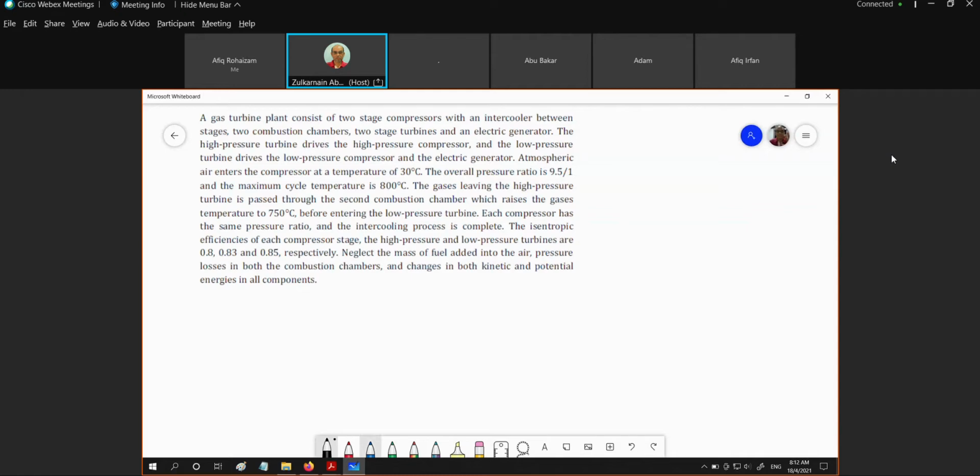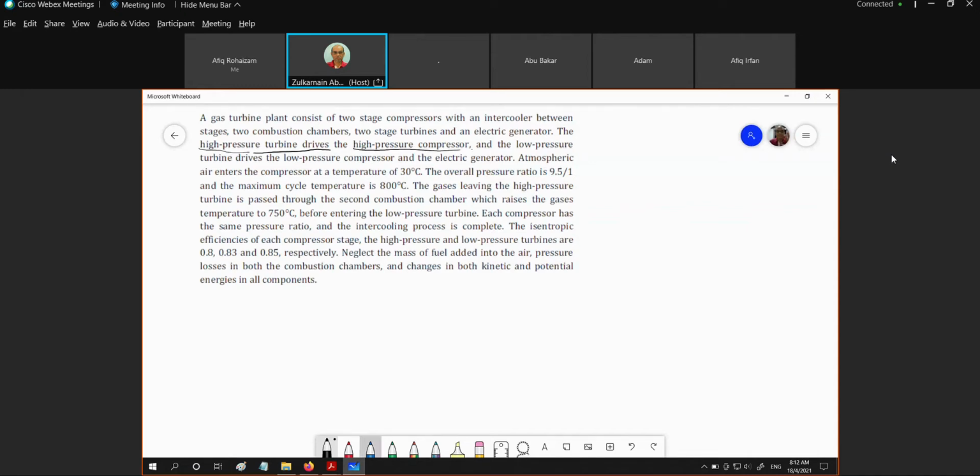So if we can indicate right here, high pressure turbine drives high pressure compressor. That's it. Only one statement about the high pressure turbine and the high pressure compressor.